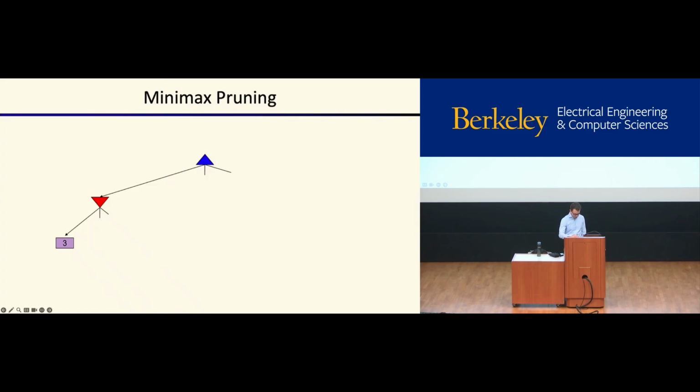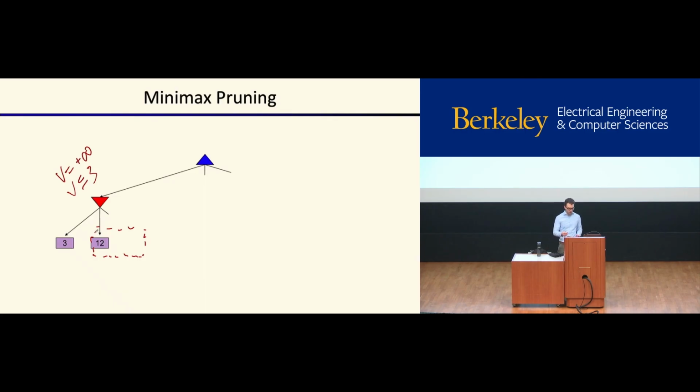Right, so we initialize this one, which is a minimum node, to positive infinity, and now we see this 3, and we know that the value, even if we don't look at any of the other successors, has to be less than or equal to 3. Right? So we have essentially a bound. We haven't opened up these nodes yet. We don't know what they contain, but we know that the minimum is no bigger than 3 because we have seen 3 already.